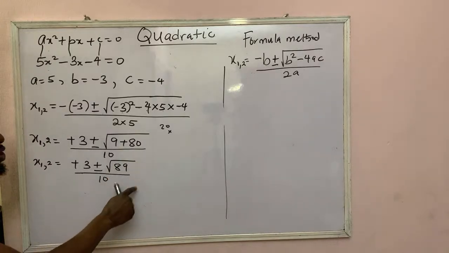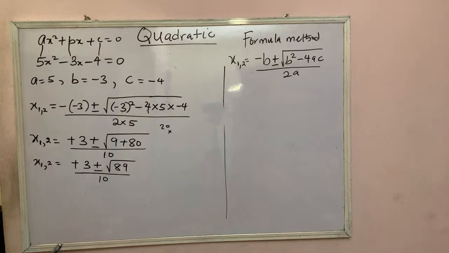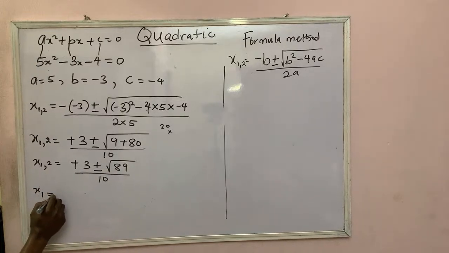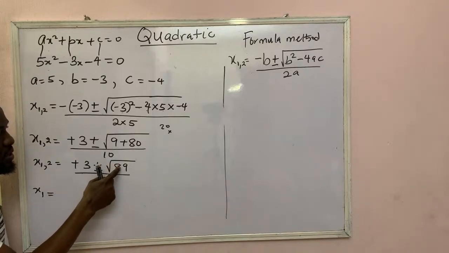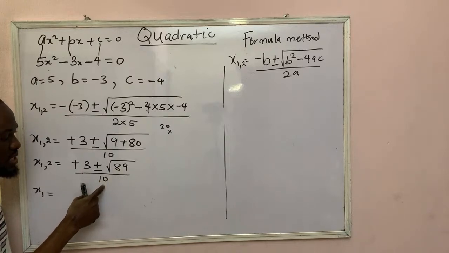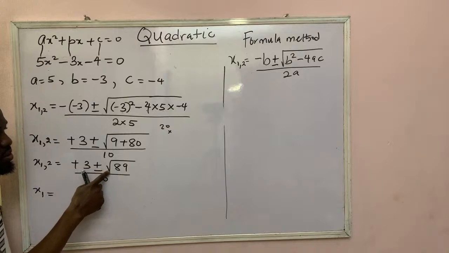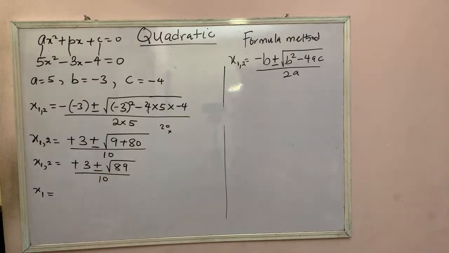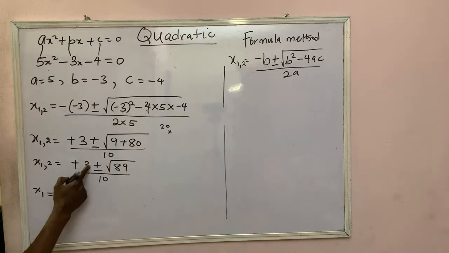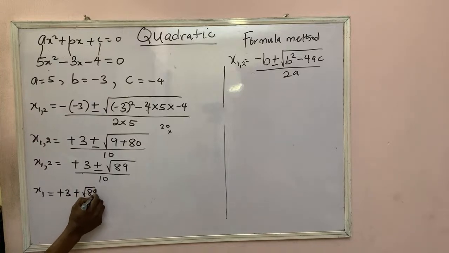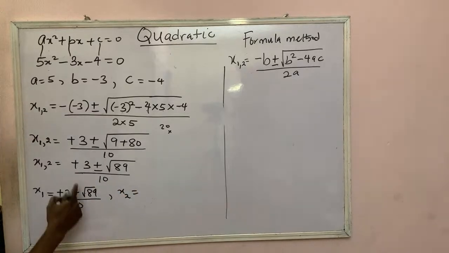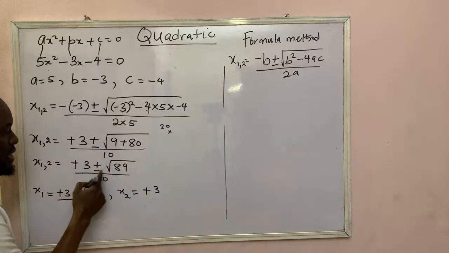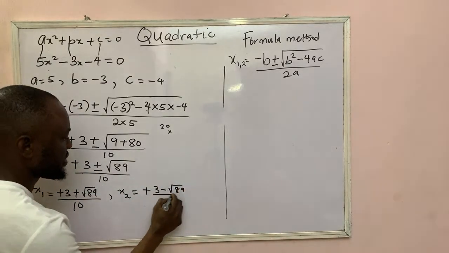So you can punch these on your calculator, and then finally I can say my x1 will be 3 plus root 89 over 10, and x2 will be 3 minus root 89 over 10.